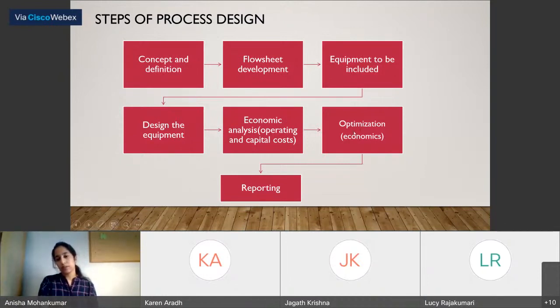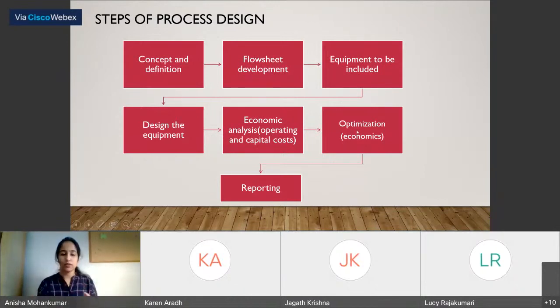And optimization is something where you reduce the things you can reduce, and you have to get maximized efficiency or the purest product you can get. So that is called optimization.